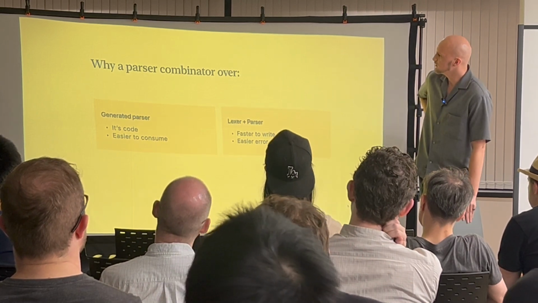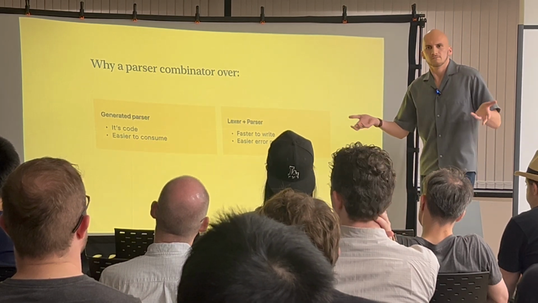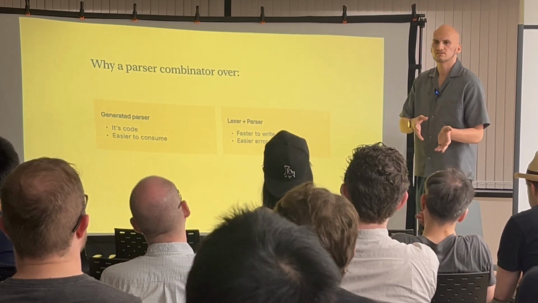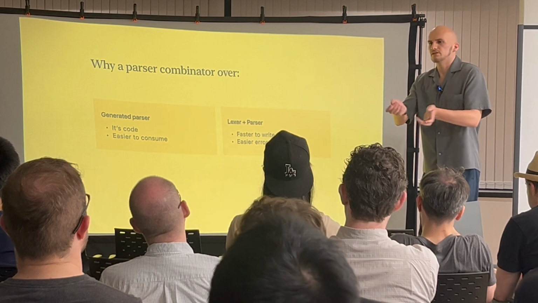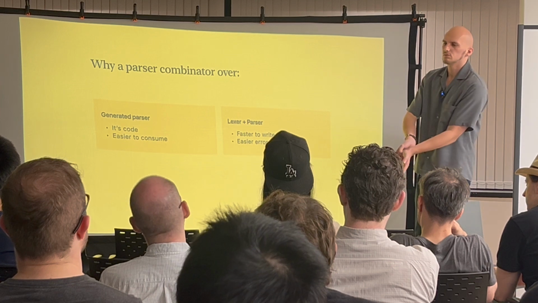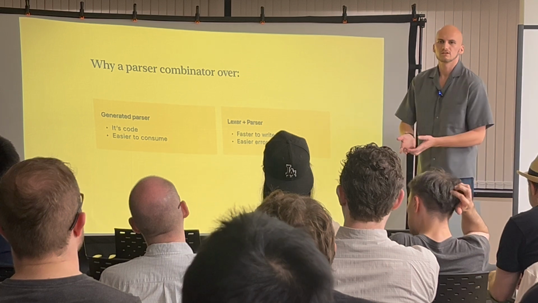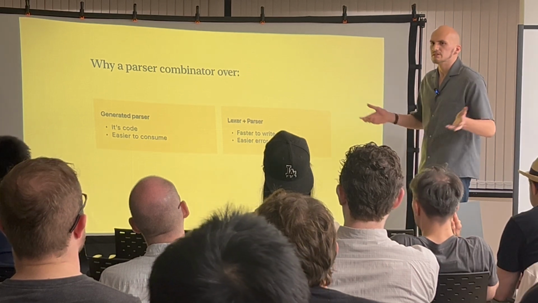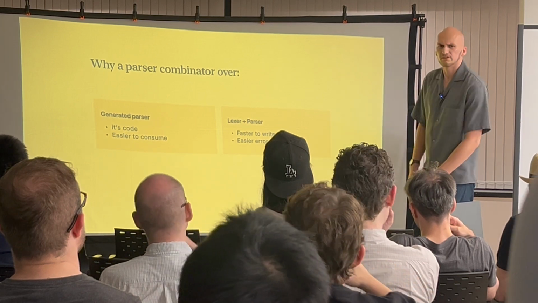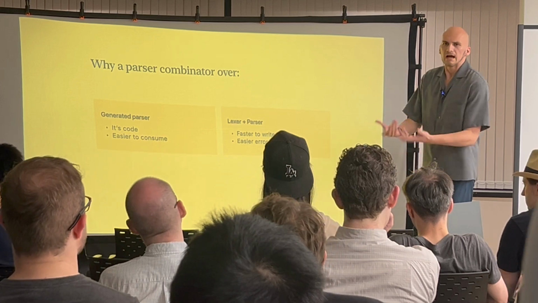If we compare parser combinators to generated parsers, the first thing is that it's code. In a generated parser, because you're generating code, the whole thing is basically a black box. You don't have control over it, and the only thing you deal with is the output. With a parser combinator, we develop it, meaning that if in the middle of our parsing, let's say I have a plus, I want to fetch a weather API, although that's quite useless, I can do it.